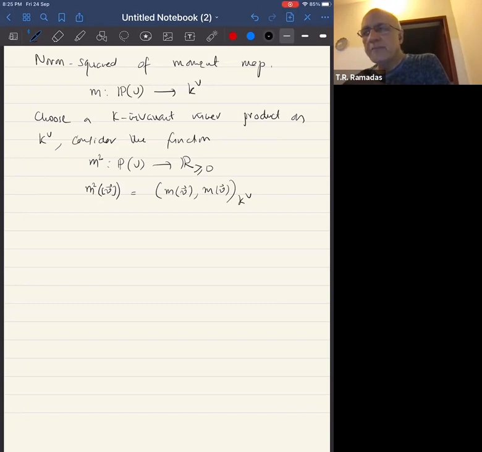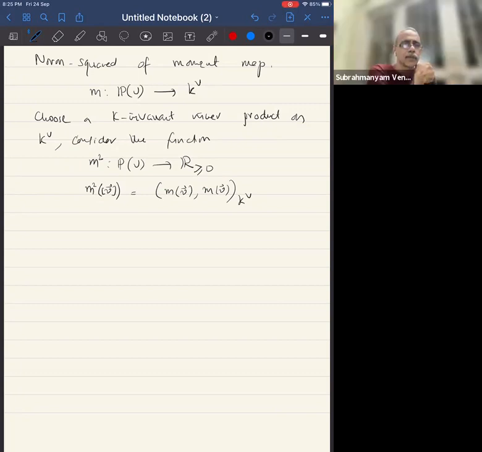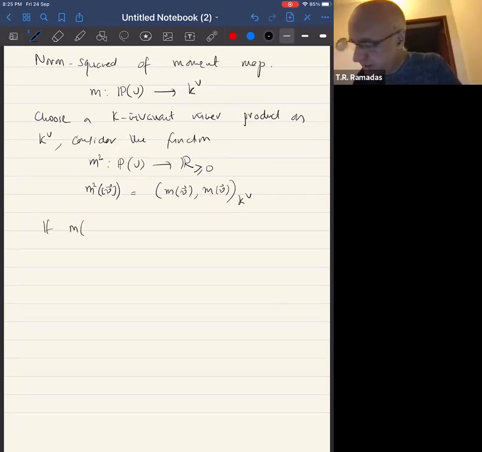So it takes its minimum wherever M takes the value 0, which happens if there are semi-stable points at all, if PV^ss is non-empty.